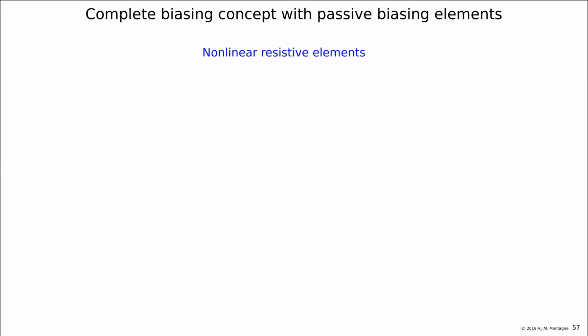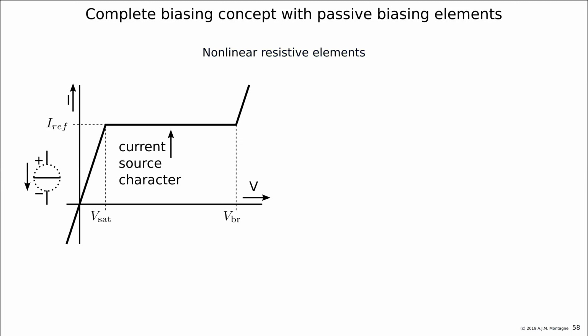So how does it look? How do the characteristics of such a device look? Let's start here with a current source. A current source in this VI plane would be a perfect one, a horizontal line at the reference I_REF. But any passive device must have its VI characteristic through the origin.